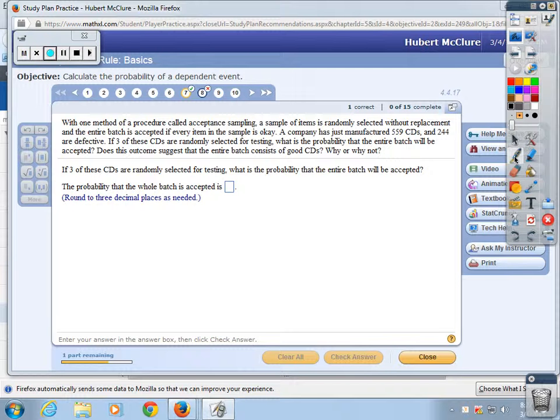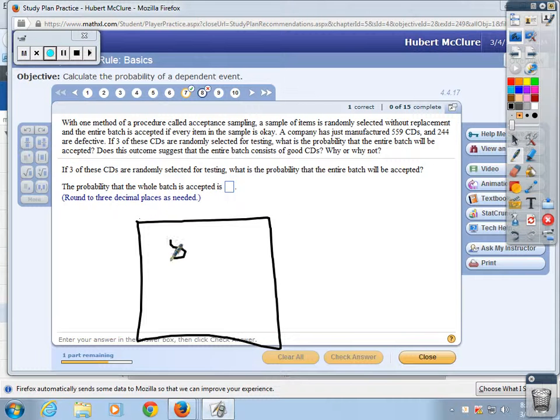So we've got 559 CDs in a crate. And by past statistics, they calculate that 244 are defective.